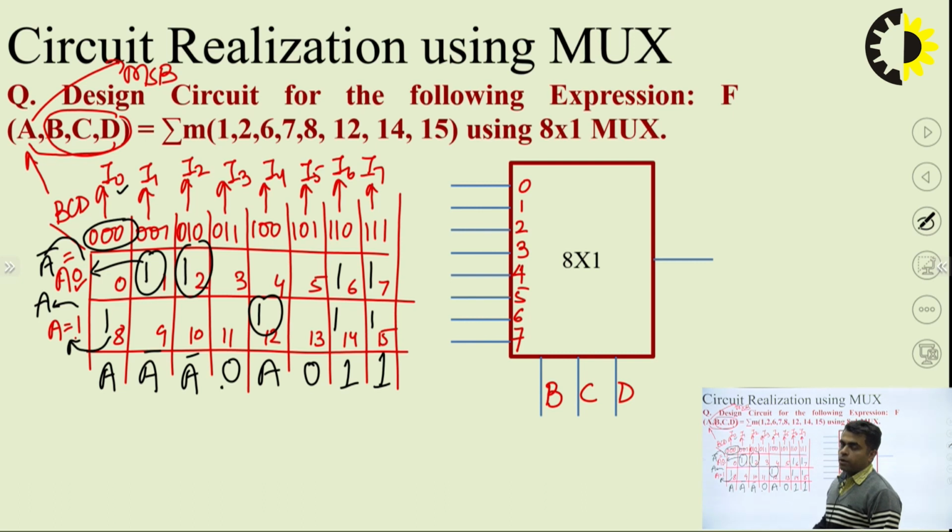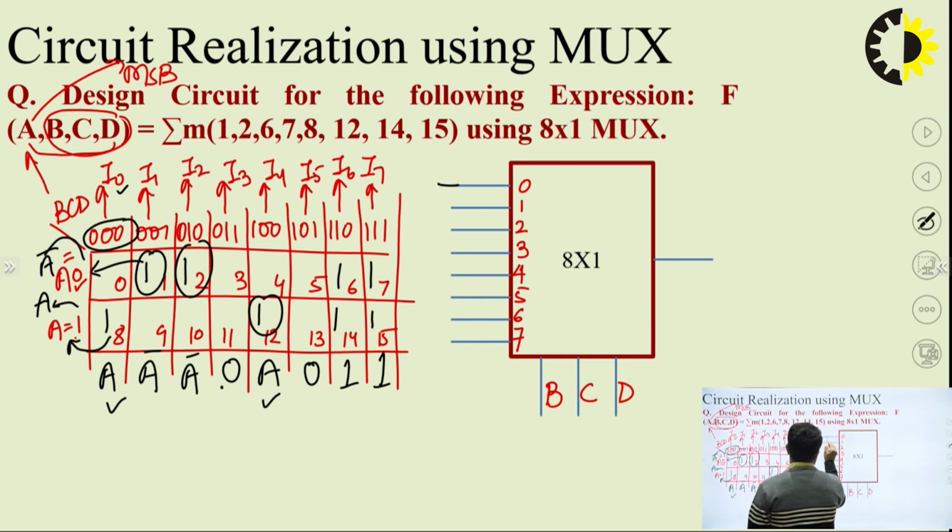So I have now 4 possible connections, 0, 1, A and A bar. Okay. So I will be making those connections now. So there are A at 2 places which are 0 and 4.